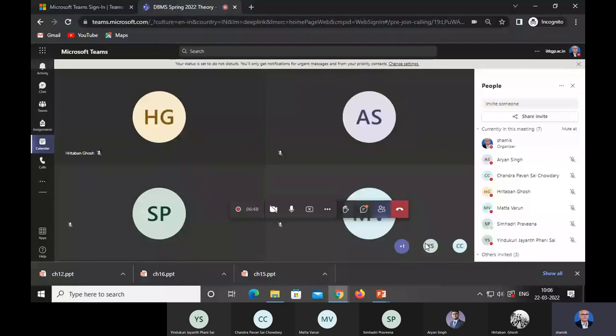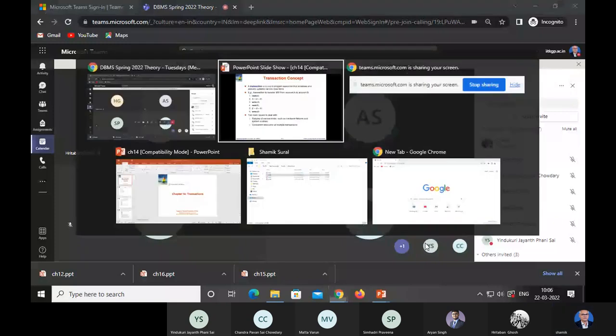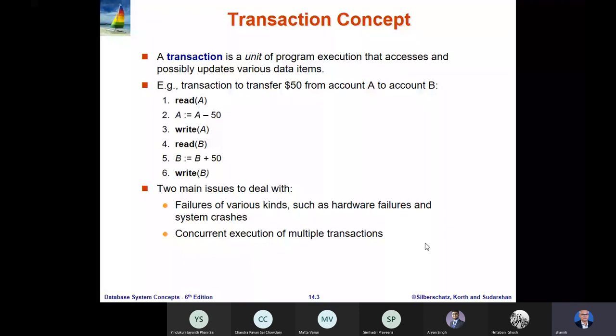Okay, good. So, formally we define a transaction as a unit of program execution that accesses and possibly updates various items. Let us take a look at one example.